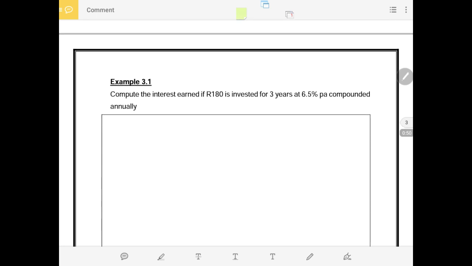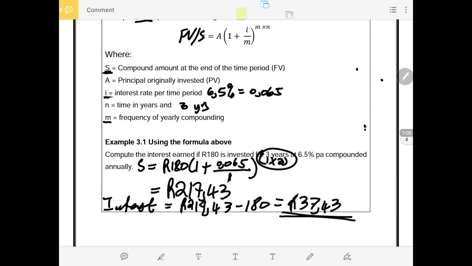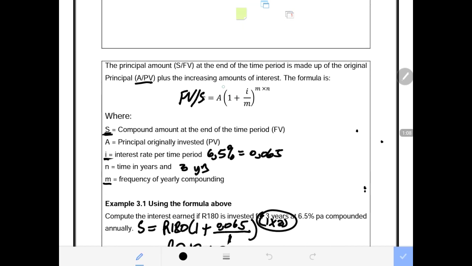We did example 3.1 previously, and we calculated it using general workings without the use of the calculator. Then we again answered 3.1 with the use of the formula.